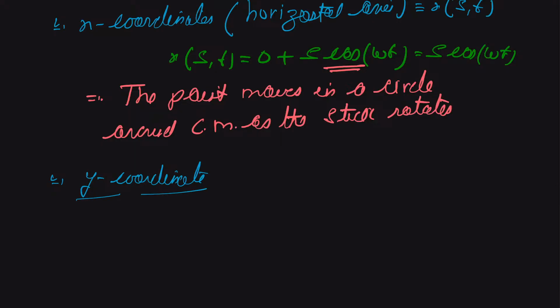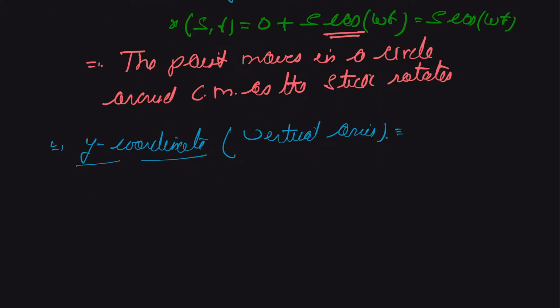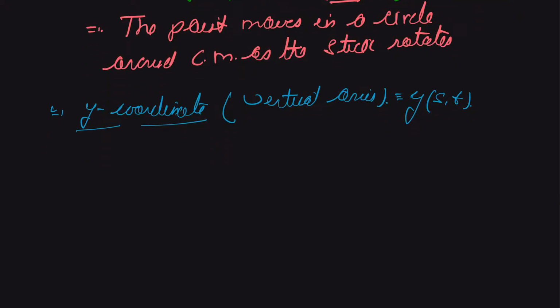Now we come to our y coordinate. And y coordinate is our vertical axis, and which we can denote as y of s comma t, and the vertical coordinate will be moving as y of s comma t equal to v of g times t plus s sine of omega t.